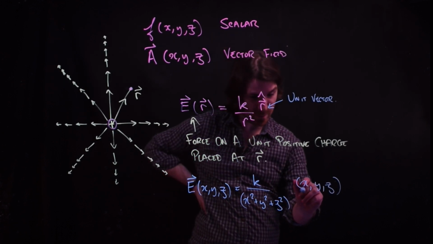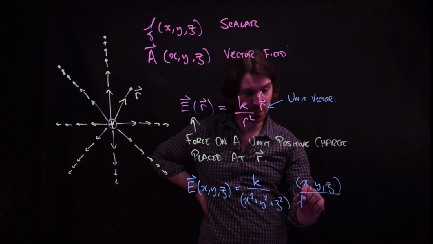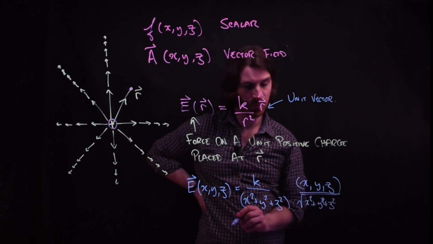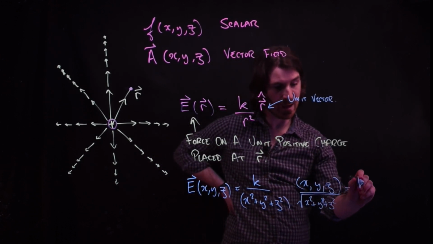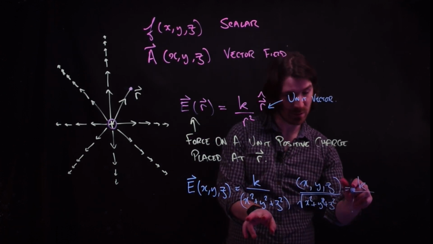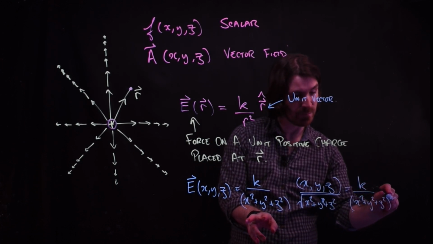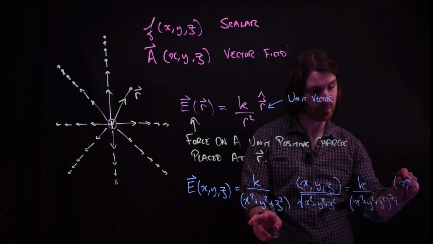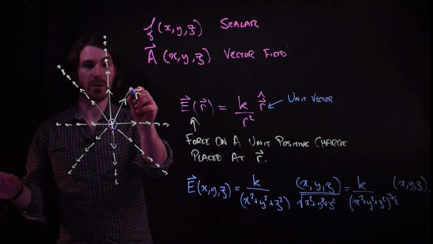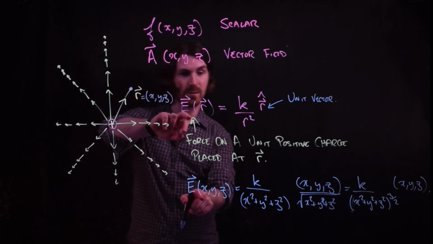But we need to take the magnitude of this to make it into a unit vector, and the magnitude is just the square root of x squared plus y squared plus z squared. So this electric field can be written as k over x squared plus y squared plus z squared to the 3 over 2, with a vector x, y, z. So at every point r, or x, y, and z, we can determine the electric field.